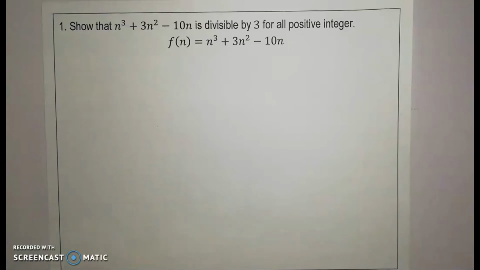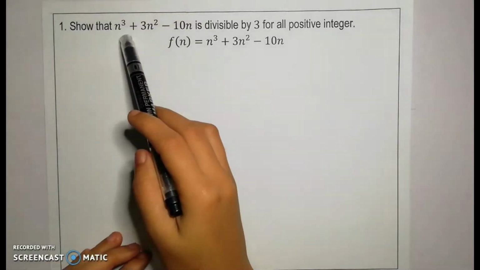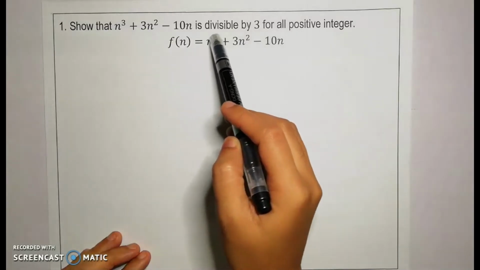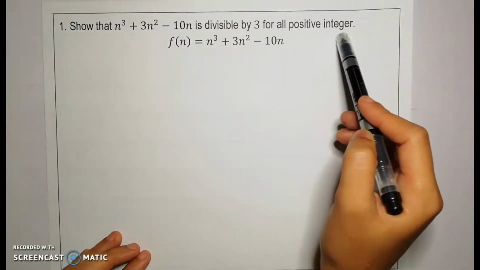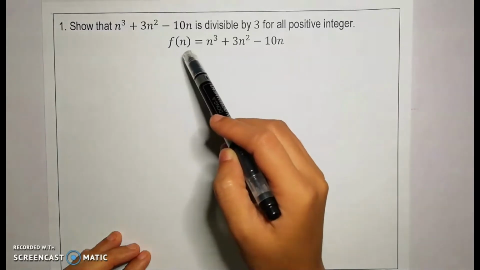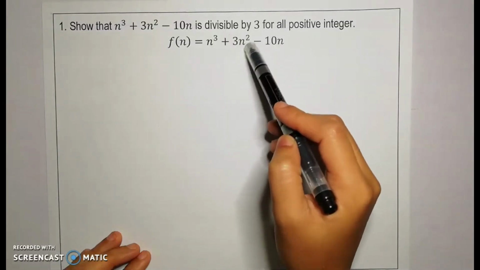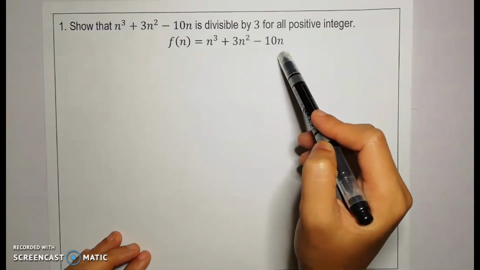For the first example, we need to show that n cubed plus 3n squared minus 10n is divisible by 3 for all positive integers. So I put this in the form of a sub n equals n cubed plus 3n squared minus 10n.